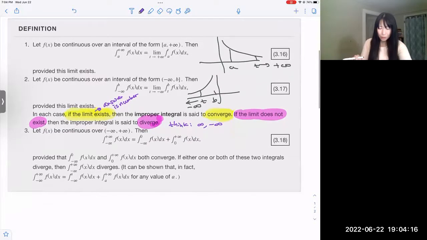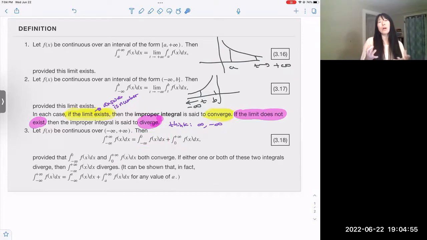Then number 3, look, we have from negative infinity to positive infinity, right? Then we split it: negative infinity to 0 and 0 to positive infinity. Same thing. For the limit to exist, both of them must converge. Otherwise it diverges.